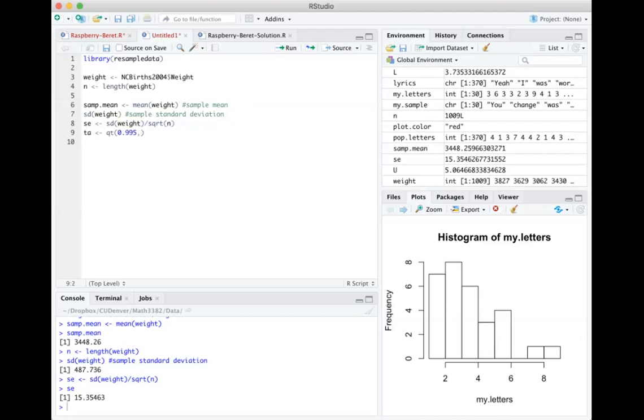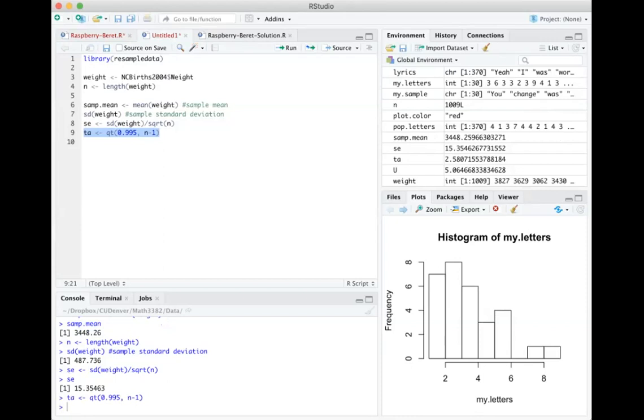So we've got TA equal to the 0.995 quantile for the T distribution that has n minus 1 degrees of freedom, where n was our sample size. And we can see what that is over here. That gives us an approximate value of 2.58. And that would give us all of the values that we would need to plug in.